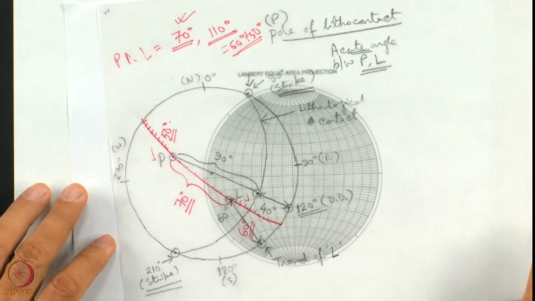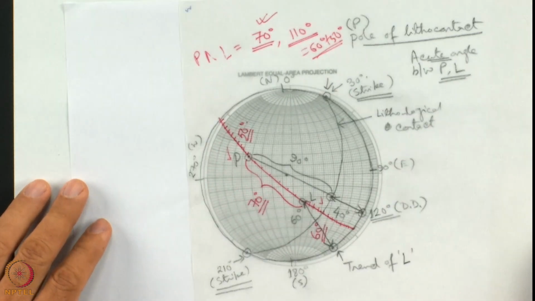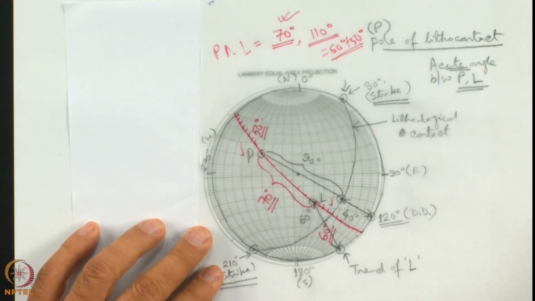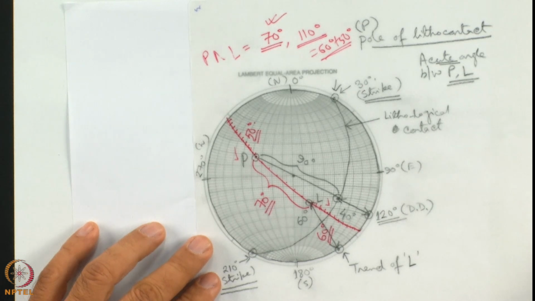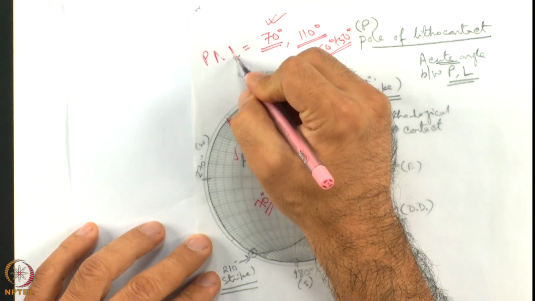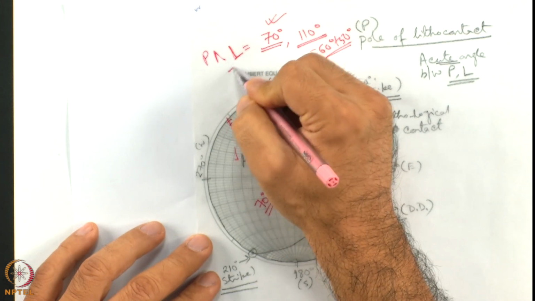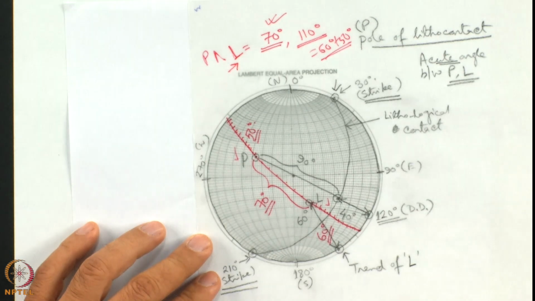Okay. So we have obtained the angle between the pole of the lithological contact and the line. What is this line? This is the line along which we found the apparent thickness of the lithology P.